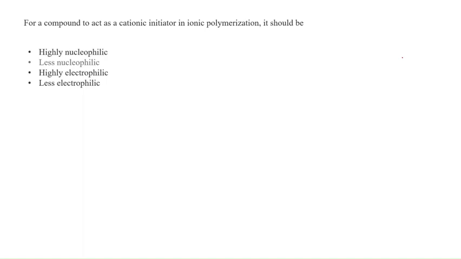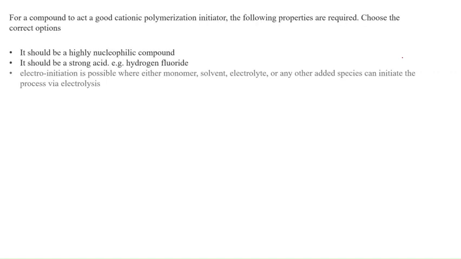On top of this, hydrogen halides are ineffective as initiators of cationic polymerization because of the highly nucleophilic character of the halide. That was an example of the hydrogen halides. So the cationic initiator should be less nucleophilic; only then can it act as a proper initiator for the ionic polymerization process.